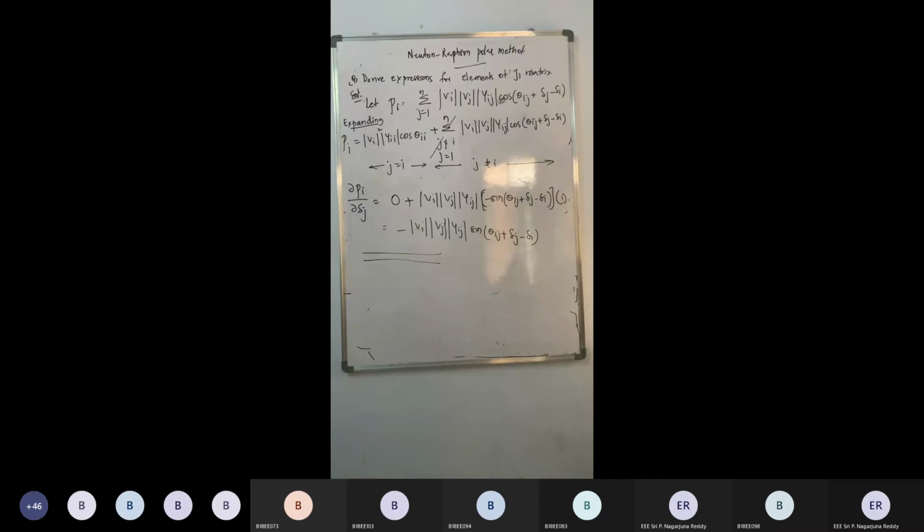I hope you have understood this one. Whenever I am doing any sigma derivation with respect to the same term, I can eliminate it directly. So that's why I have not included sigma again. So this is the second term in your J1 matrix.